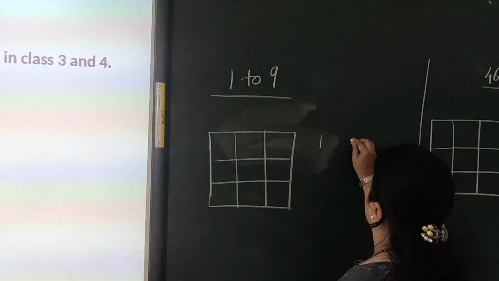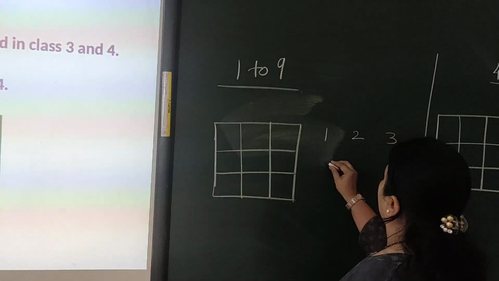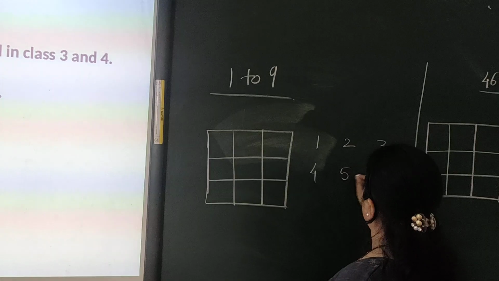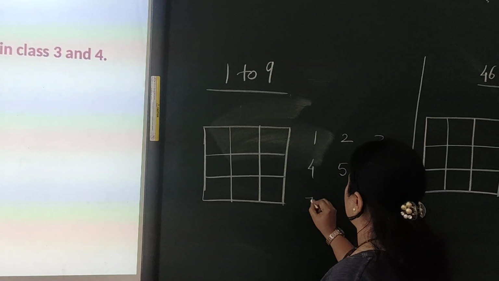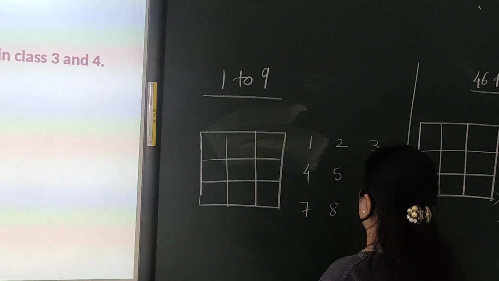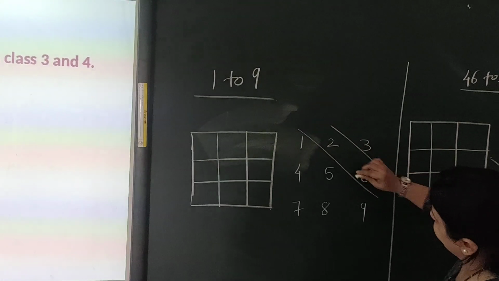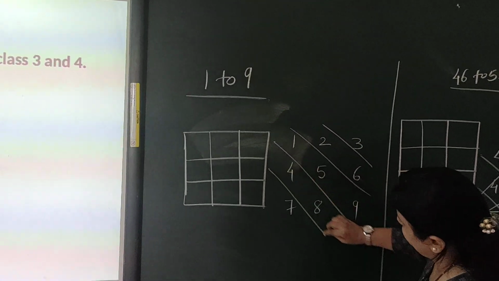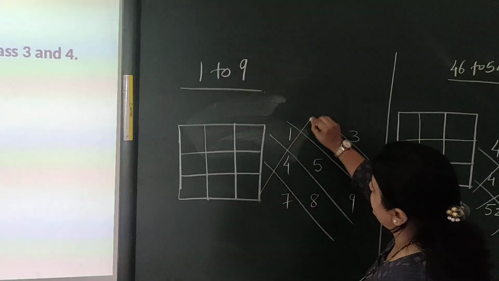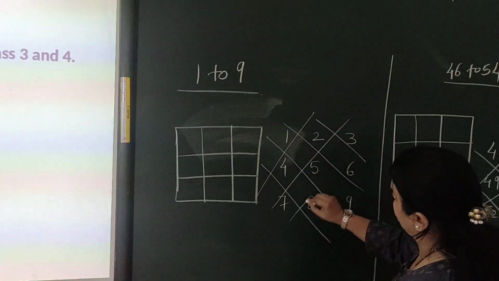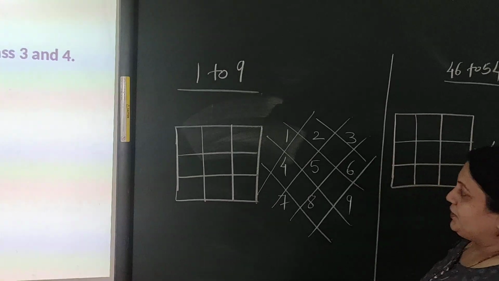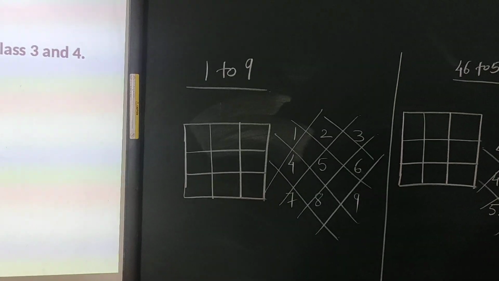So first write down the numbers in the pattern of this 3 by 3: 1, 2, 3, 4, 5, 6, 7, 8, 9. Then give the lines like this. Okay, then give these lines. Okay, now you got this type of figure.